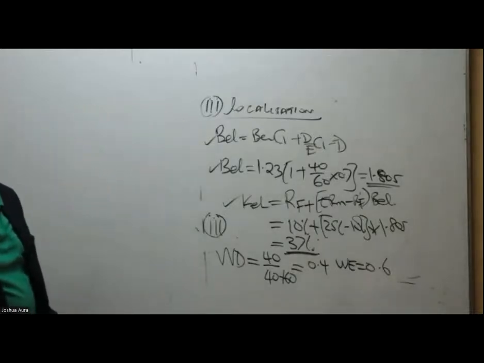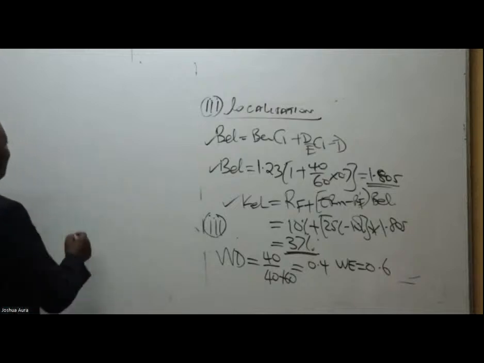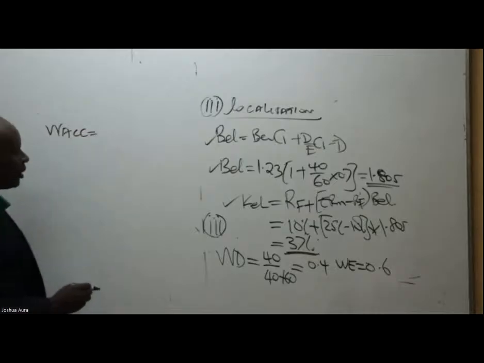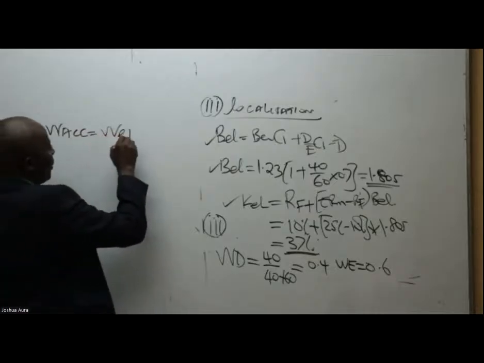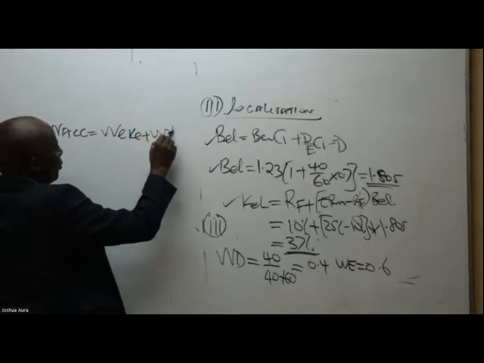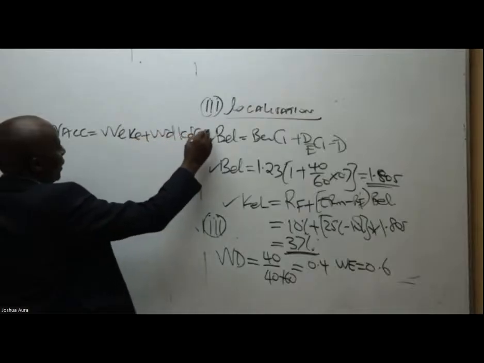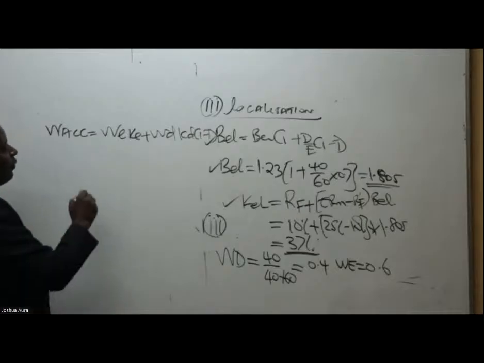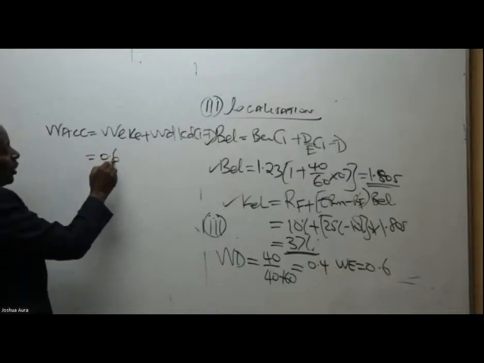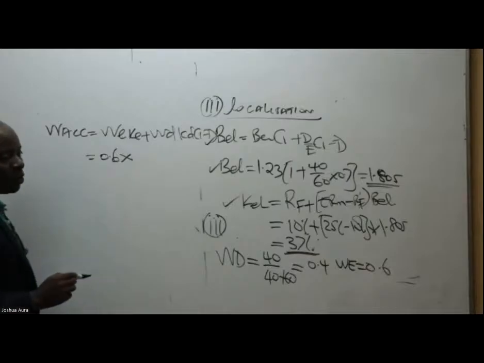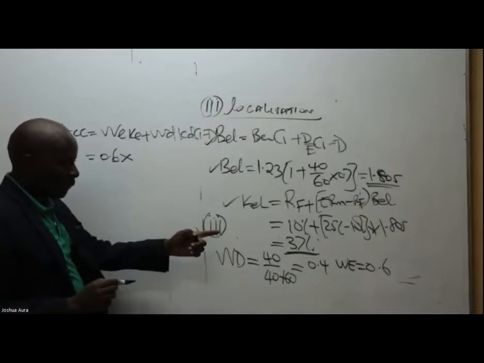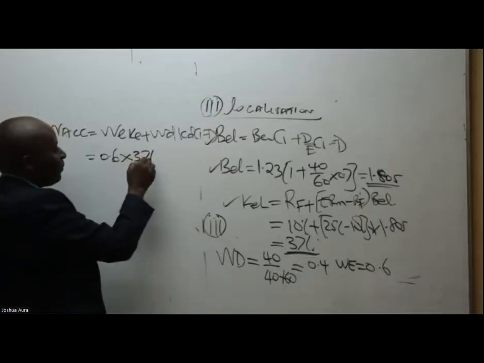All right. After that, ladies and gentlemen, please go ahead and give us WACC. WACC will be weight of equity times cost of equity plus weight of debt times cost of debt into 1 minus taxation. So now we have everything. Weight of equity is 0.6 times cost of equity. What is the cost of equity? 37%.